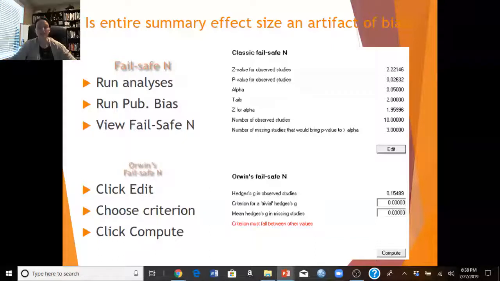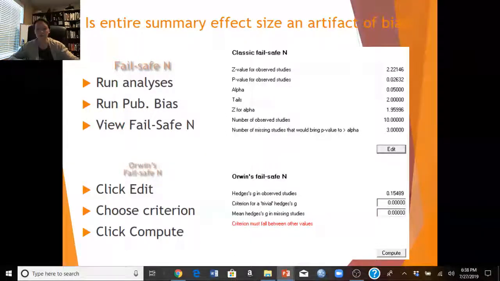So it's not surprising that only 3 more studies would bring us over 0.05. And so this is telling us that the effect size that we've found isn't terribly robust. So in this case, the small number of studies needed for our failsafe N isn't about publication bias. It's telling us that we're not writing about anything too amazing in this case.